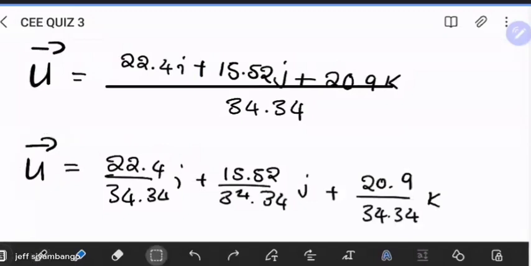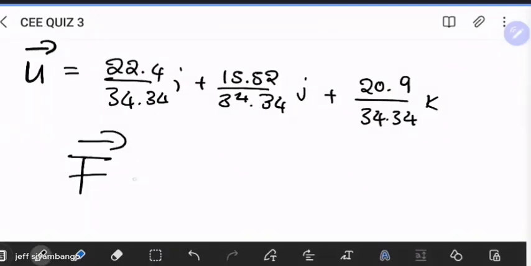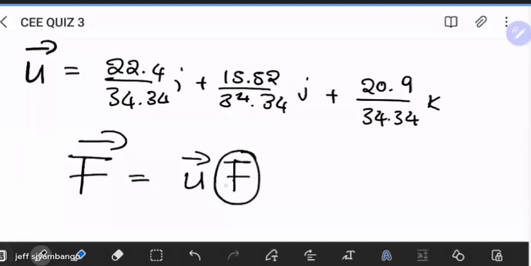Now, why did we need the unit vector? So that we can get the force that they want us to find, F. And the force F is the unit vector U multiplying the force F. So it's a unit vector, but this unit vector has to be in the direction of the force. So this is how we are going to get the force.